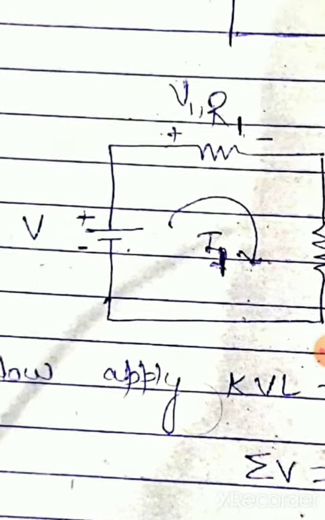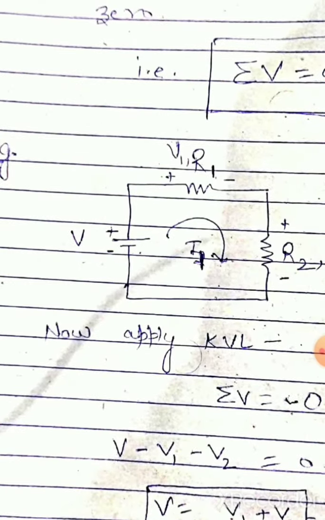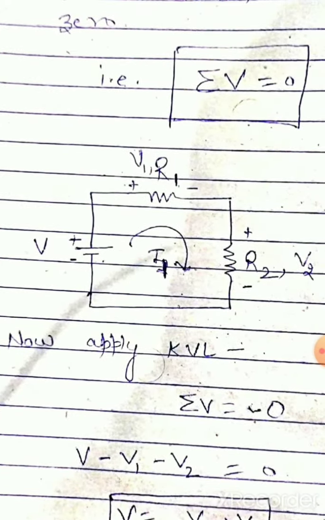And the second convention is just opposite to that. Here we were taking the polarity of the exiting terminal as the polarity of that voltage drop, and in the second sign convention we take the polarity of the entering terminal.